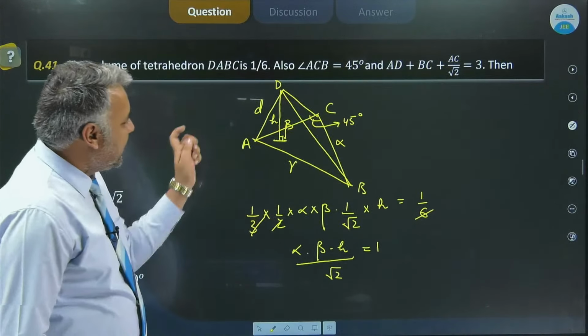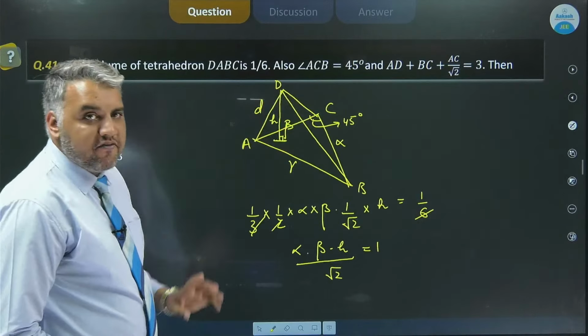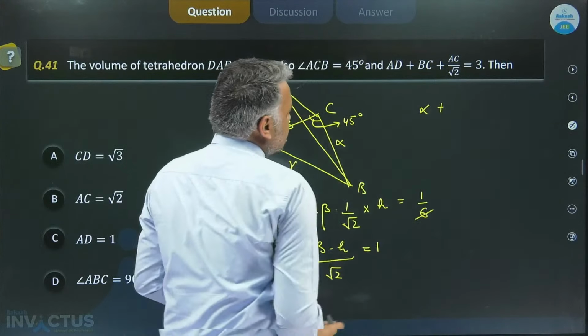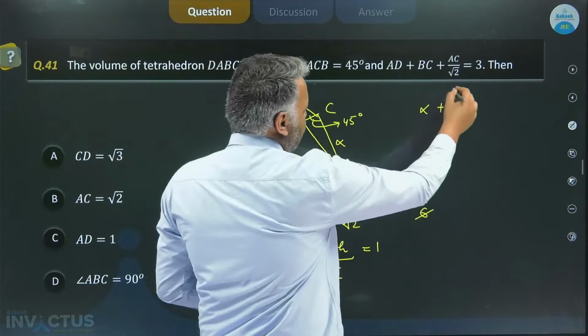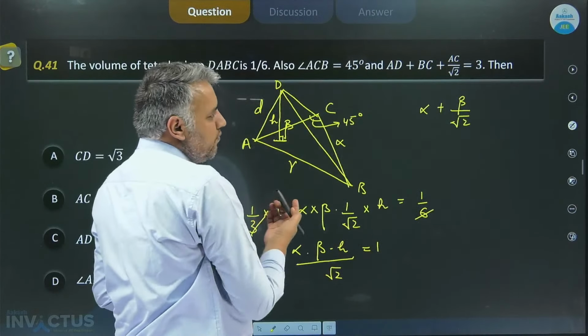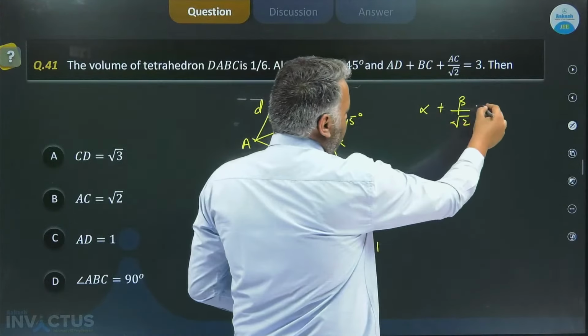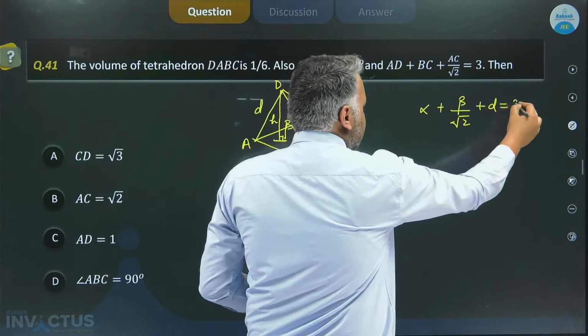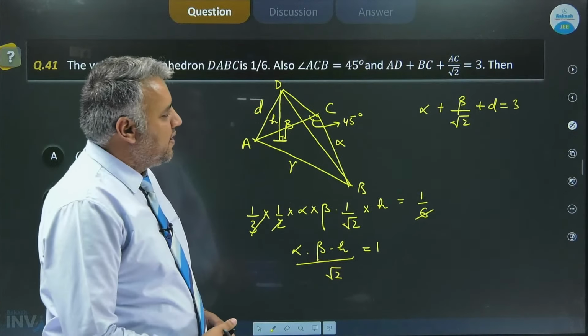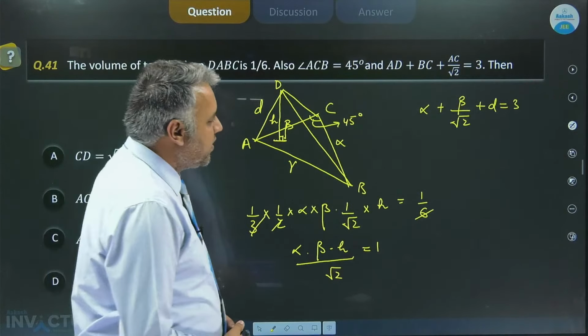So alpha, beta and D. We know a relation between alpha, beta and D, that alpha plus beta by √2, that means AC by √2, and plus D, meaning AD, this is 3. Okay, and these are side lengths. Obviously alpha, beta and D are positive quantities.